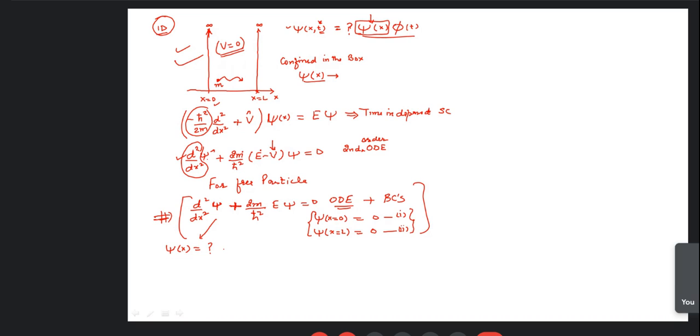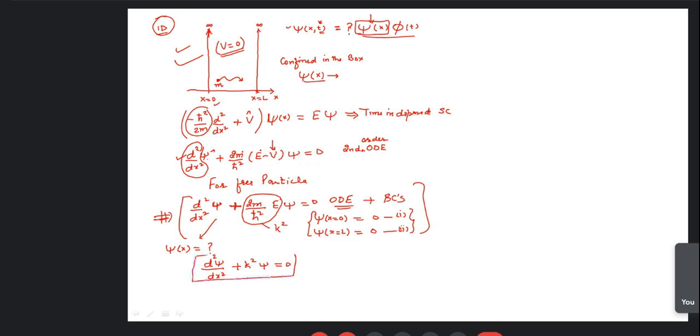So I can further simplify this by putting this equals to some k square. If I put this equals to some k square, then I can write the differential equation as d square psi by dx square plus k square psi equals to 0.